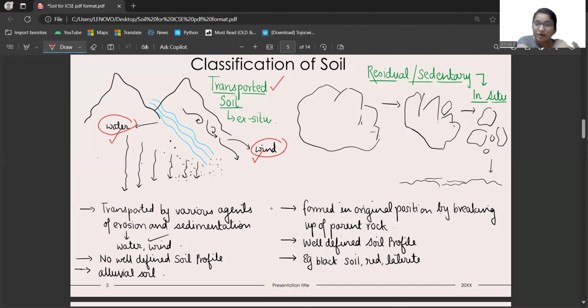Transported soil moved from one place to another. इसमें example, what is the example of transported soil? An excellent example of transported soil, and the only example that you need, that is alluvial soil. This is the only example you have in your textbook. Okay, alluvial soil. That's it. Okay, and it does not have a well-defined soil profile. Dekho, we'll come back to this later.